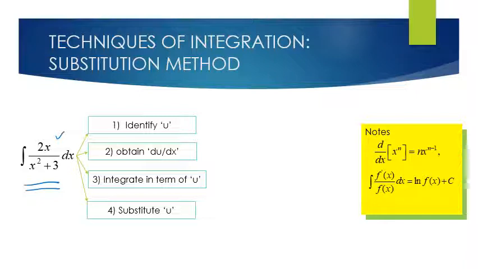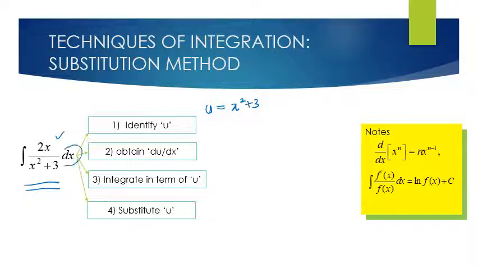Okay, so let's go to the method given. First we need to define what u is. For u, we always choose the denominator. So u equals x squared plus 3. Then when we have u, we want to substitute all the terms of x in terms of u.